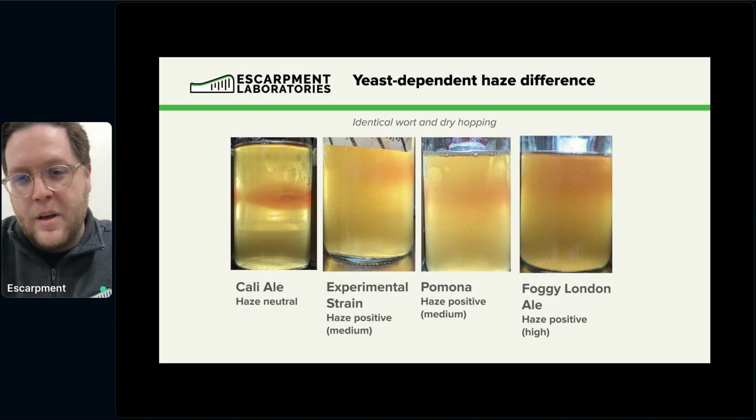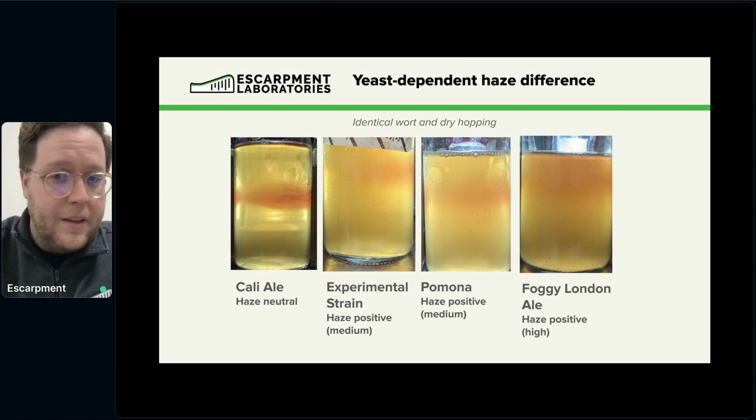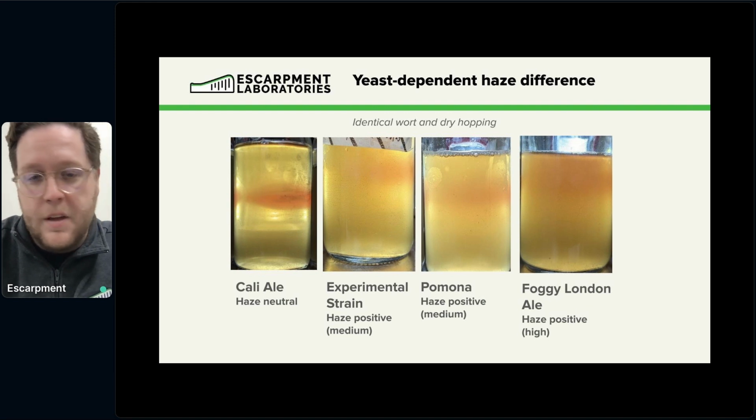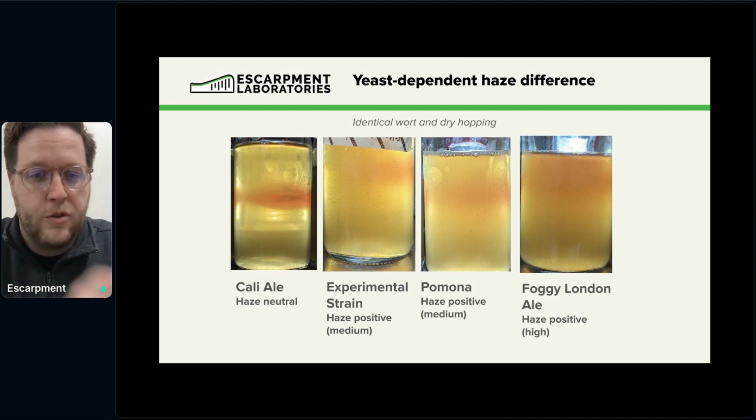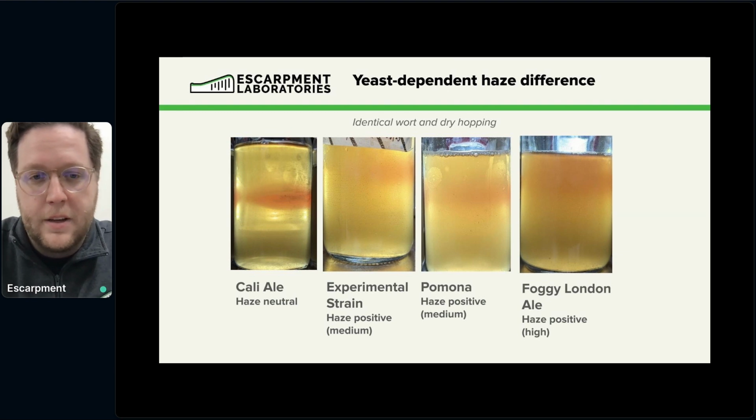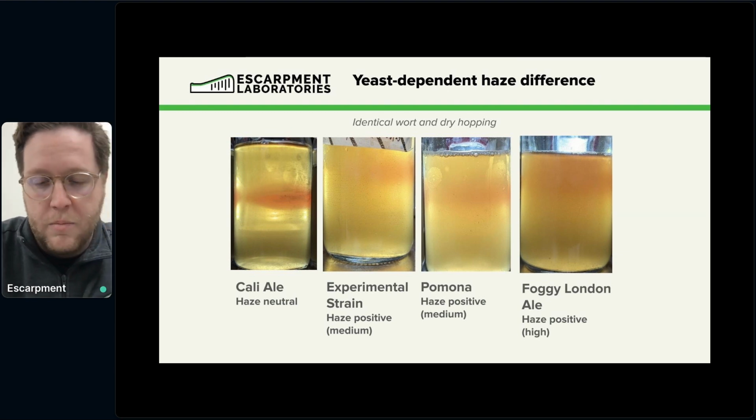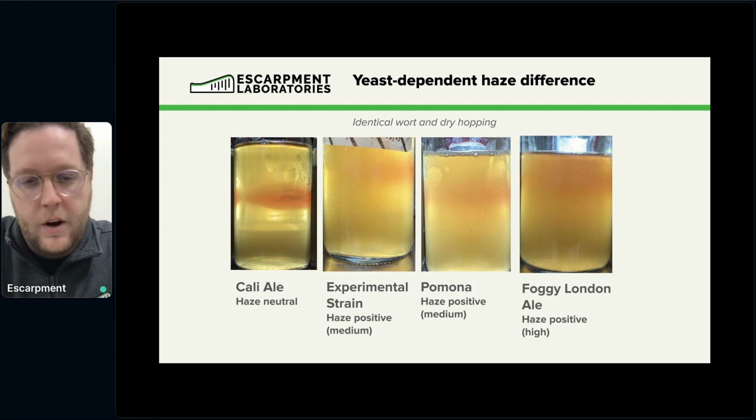And then you can also see some examples of haze-positive strains. So that haze is not yeast cells. If you take that beer and put it under the microscope, you do not see any yeast cells. They've all flocculated out, but there is still haze left behind by the yeast, as opposed to the haze neutral strains like California Ale, and the vast majority of lager yeasts are haze neutral.